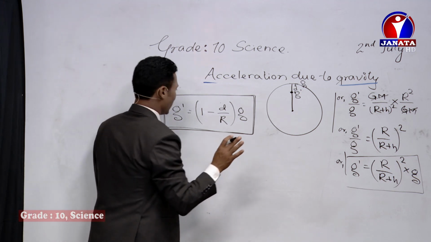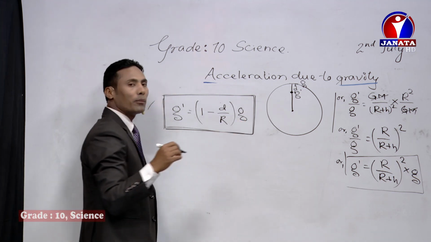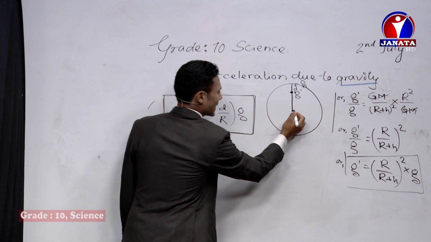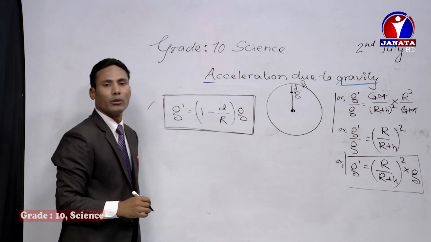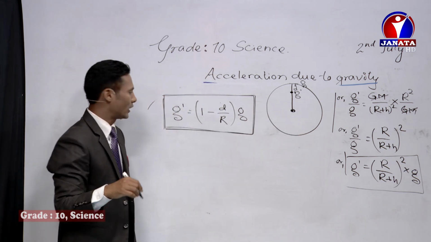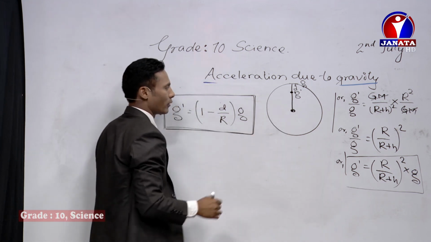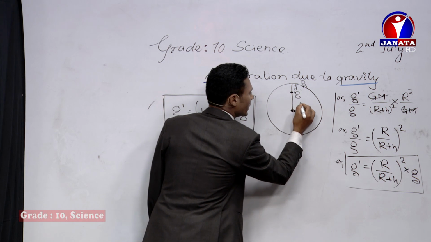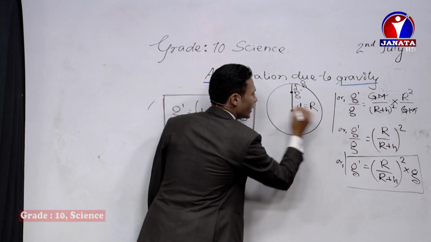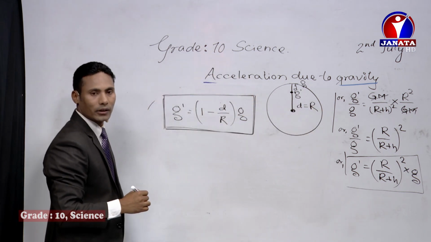Now one more thing here. If the object is exactly at the center of earth, what will be the value of acceleration due to gravity? Let's check. The object is exactly at the center of earth, meaning the value of d is equal to the radius of the earth, right?